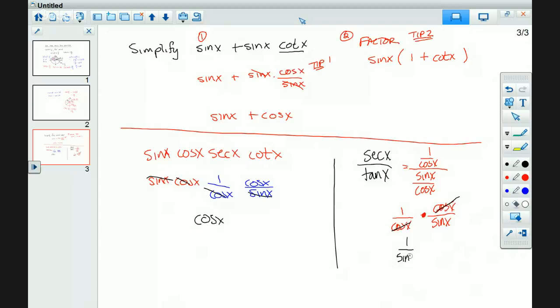And what is that? Cosecant. So you're trying to get it down to 1 or 2. Here we had 2, which is fine. There's 1 and there's 1. So you're trying to get these down to just one expression. These are the easier versions, so put some time into getting these ones down.